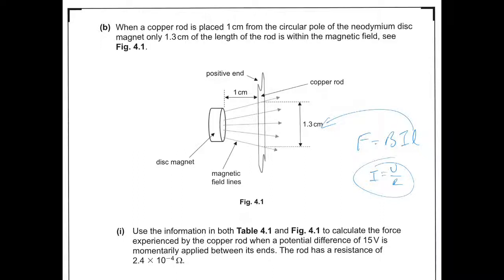And the B is going to come from the section of the table that tells us what B is 1 centimeter out. So we go back to your table, we look at the 1 centimeter value for B, we take I from V over R, and we take L from the diagram, and we just substitute into that. So that should be easy enough.